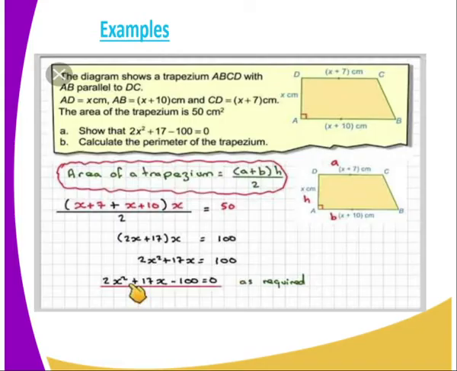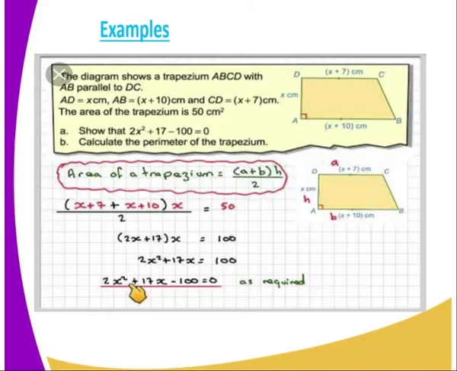I will take my a to be x plus 7, my b to be x plus 10, then my h is supposed to be x. So that is the reason you get the equation: x plus 7, then plus x plus 10, we close the bracket, multiplied by x, then divided by 2, which is equal to 50.